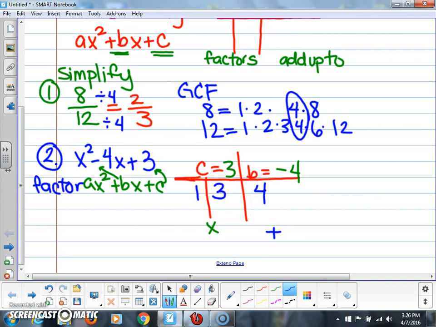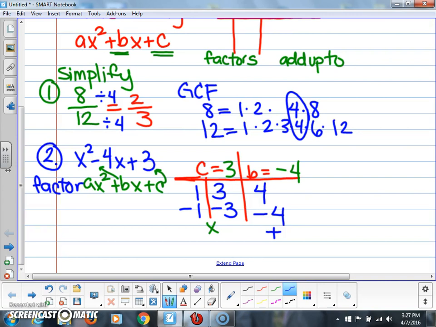So what can I do to 1 and 3 so that they still multiply and get 3, but add up to negative 4? Negative 1 times negative 3 gives me positive 3, so I'm going to multiply negative 1 times negative 3. What is negative 1 times negative 3? Positive 3. Yeah, positive 3. Good. And if I add two negative numbers together, they're actually going to be equal to a negative 4.